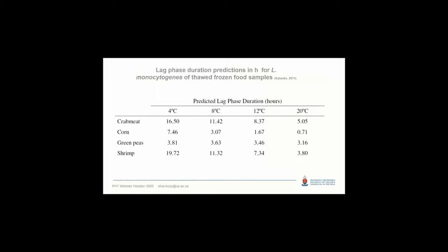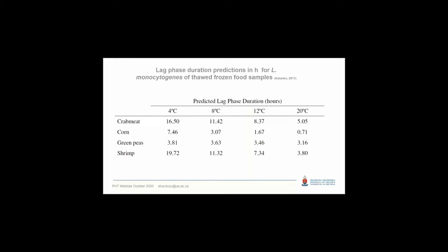So this is an interesting study that I found. The detail given here is just to say that this is a predicted value. So it is not an experiment conducted in a laboratory, but this researcher used modeling.